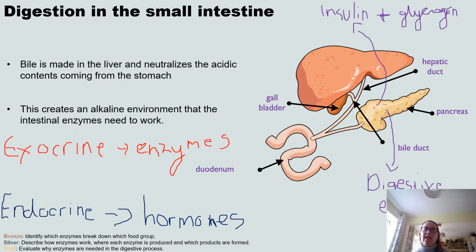And if you remember, insulin means the reduction of blood sugar in the blood, and glucagon, you may not have come across before, but that is the opposite, so it increases blood sugar in the blood, which you would go into more in A level, because it's part of homeostasis and endocrine functions of the body.